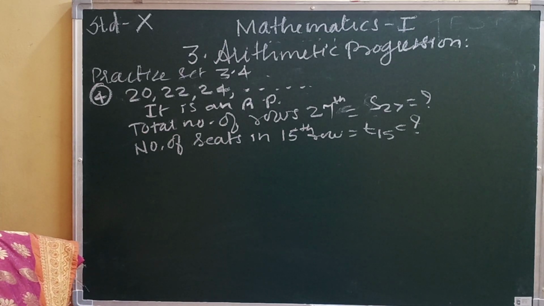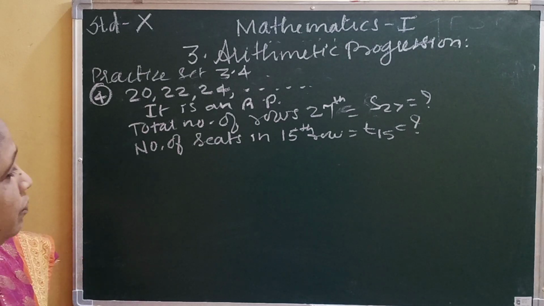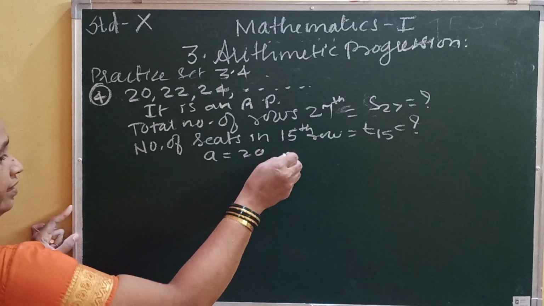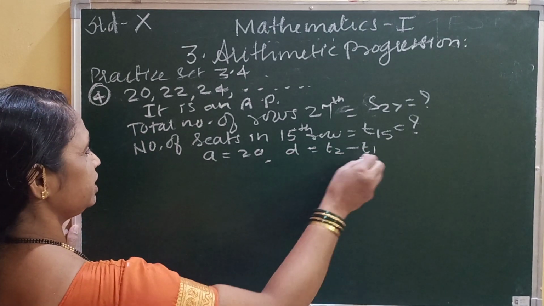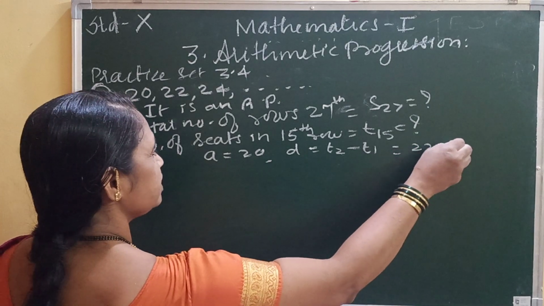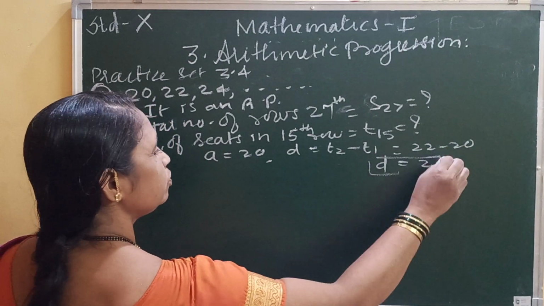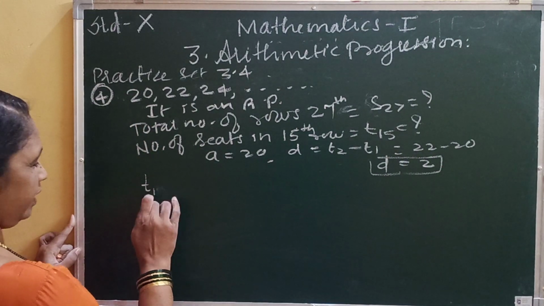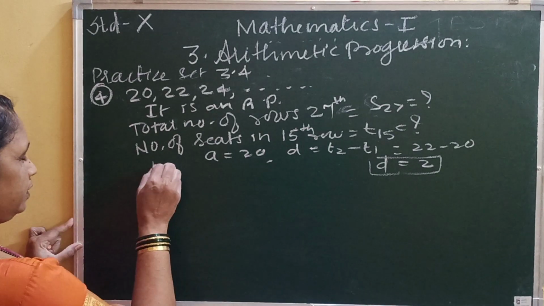Now the first term is given. First term is equal to 20. The common difference is T2 minus T1, which is 22 minus 20, equal to 2. So D is equal to 2. First we will use the Tn formula to find T15.